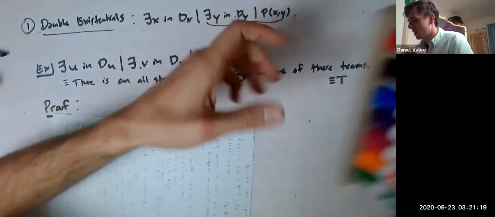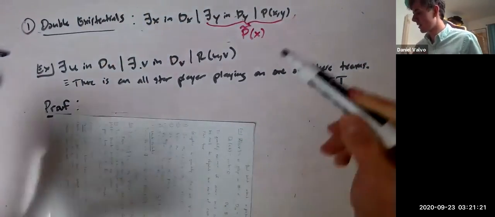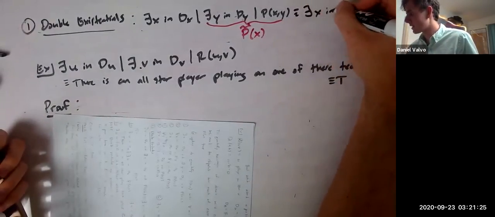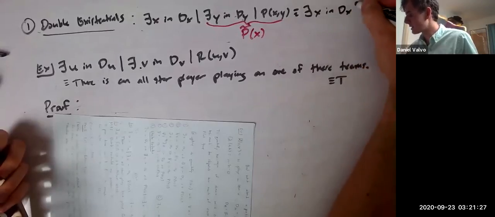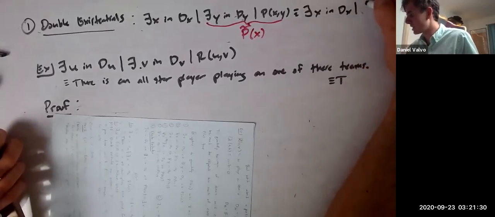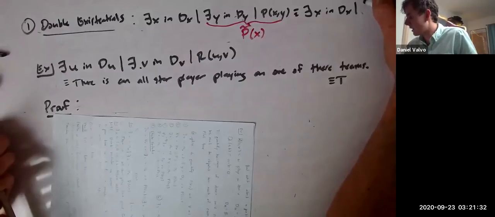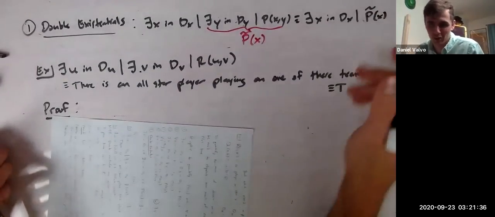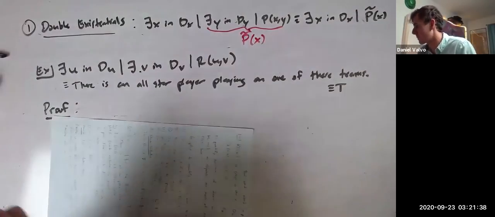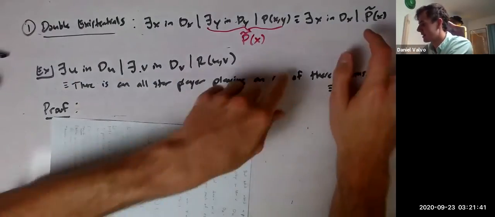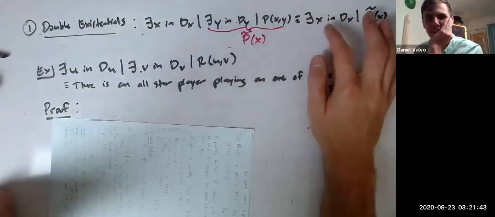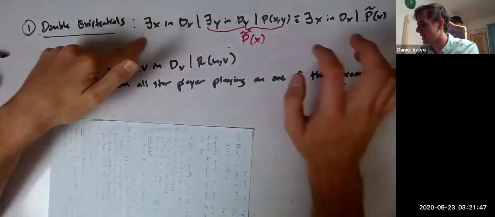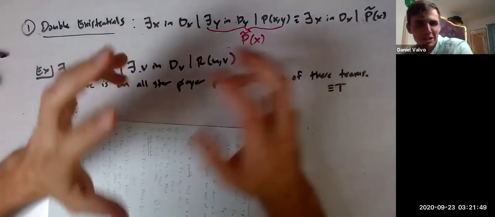So this right here, there exists an X in dx such that P squiggly of X. This is just an existential statement where the predicate happens to be another existential statement, kind of.